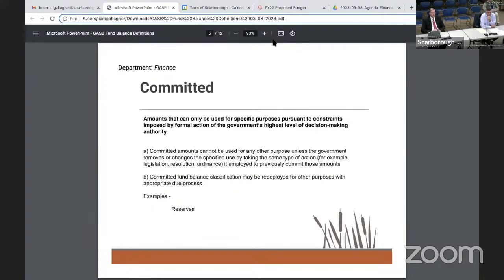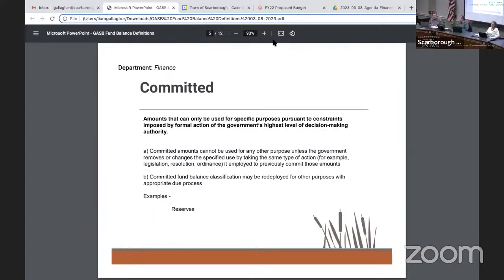And for the year that you report on your financial statements, typically you have to have that action done before the end of the fiscal year. You can't wait and say, oh, how are we doing? And go back and reallocate a committed. So it's a one-way trip with committed.